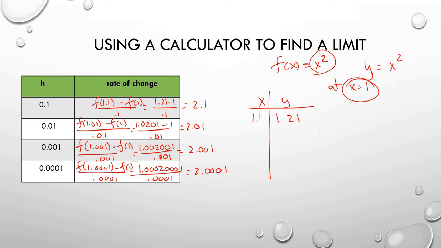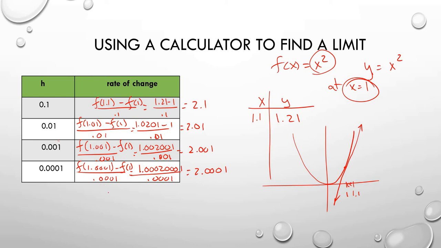You can see that as I'm bringing my two values closer to each other on my graph, I started with a is 1, and f of a plus h being 1.1, and I brought it closer to 1.01, and closer, until I finally got something that was really close to 2.